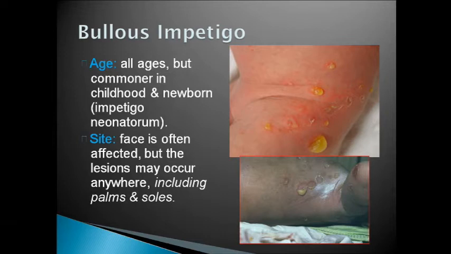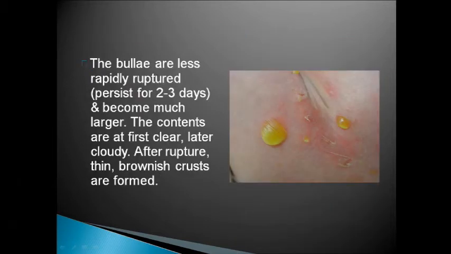But neonates are not aware of the condition, so they will not touch the lesion, and it usually remains intact. It is common in neonates but may occur on any part of the body, and after rupture it may crust.